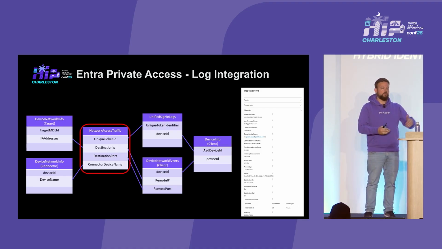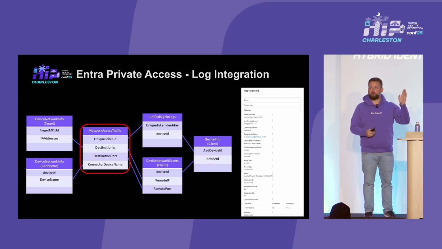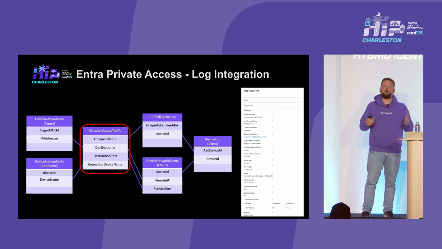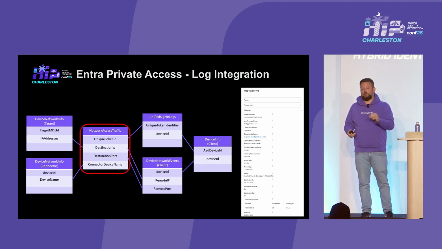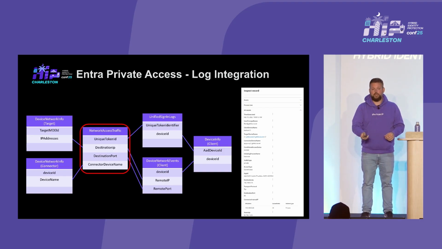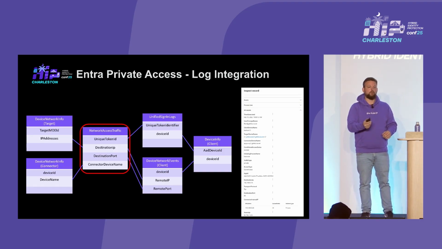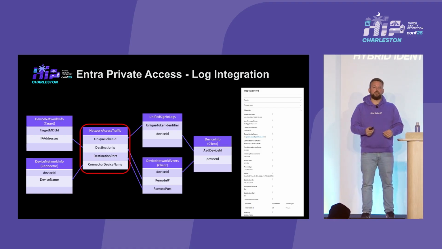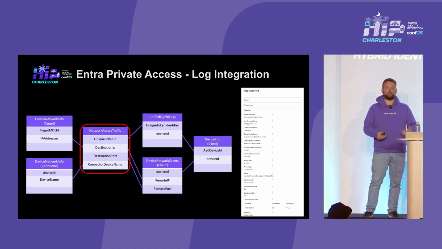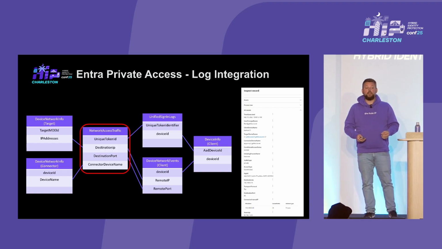So maybe the network connector is doing a brute force attack. Okay, thousands of clients maybe. So who was it? And with these logs, we can correlate the sign-in logs with the Defender logs on the client side, with the Defender logs on the connector, and the Defender logs on the domain controller. And we will get an end-to-end view of what is really happening there.